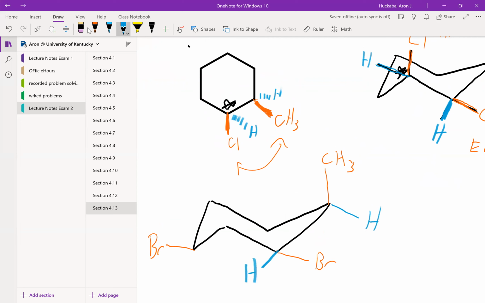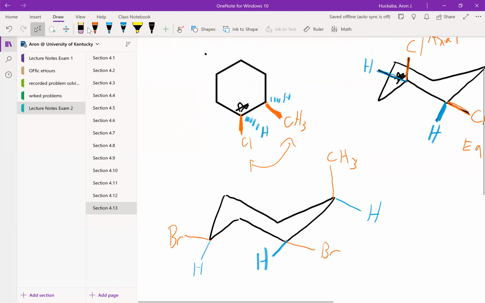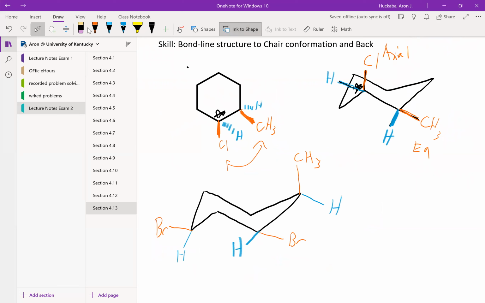This one should be perpendicular, and this one should be perpendicular. There we go. Okay. Now, in this case, let's just get this fixed real fast. There we are. All right. So in this structure, now we want to take it to be in a bond line structure with wedges and dashes.